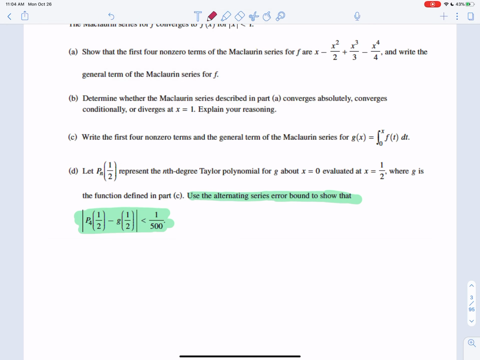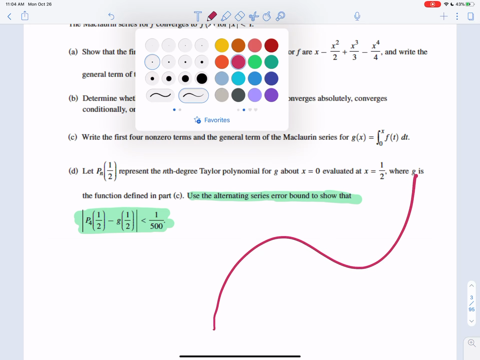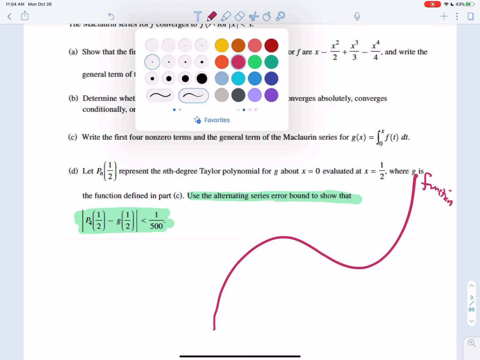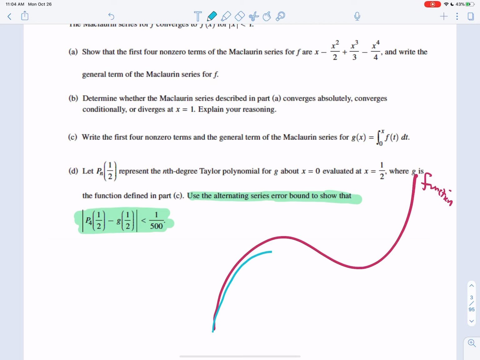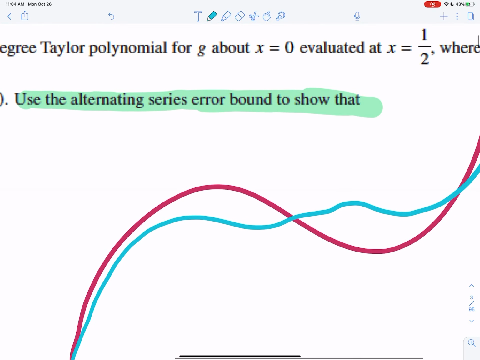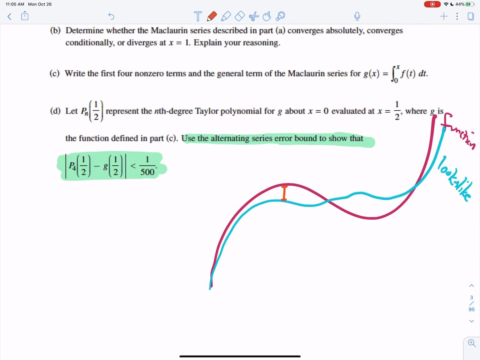Remember, error refers to you have a function. So you have some function. You don't have to write this part down. And then you have a lookalike, okay? To find out how close you were, the error is how far you are with your lookalike from your actual.